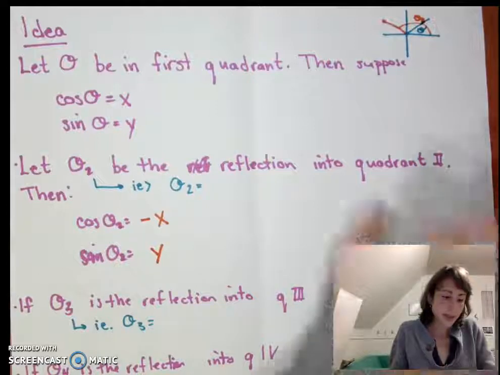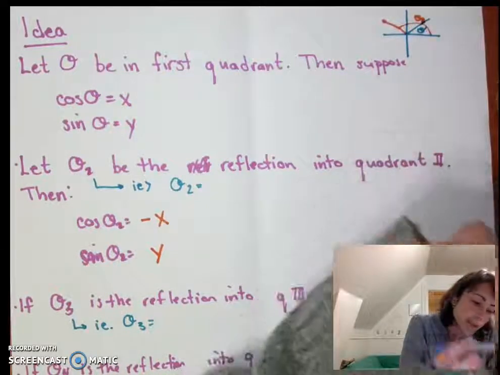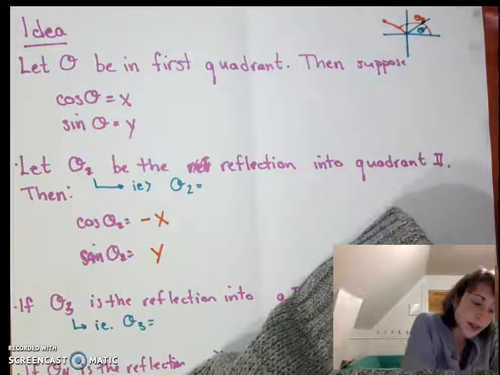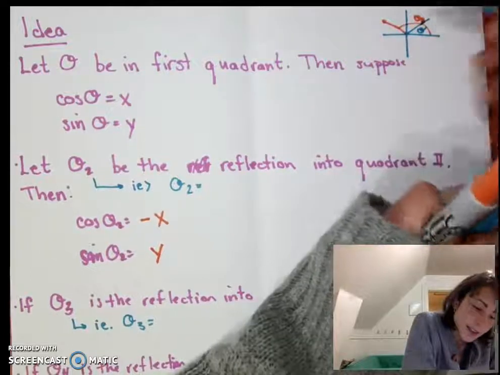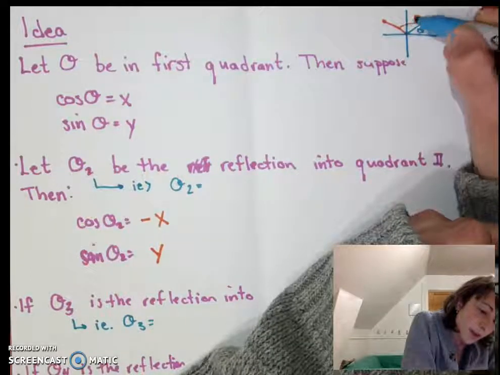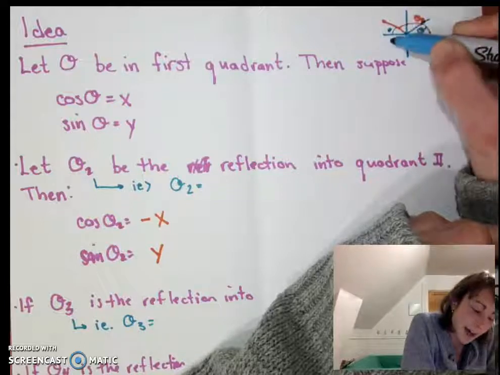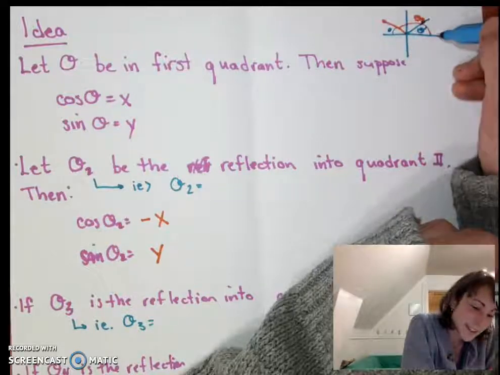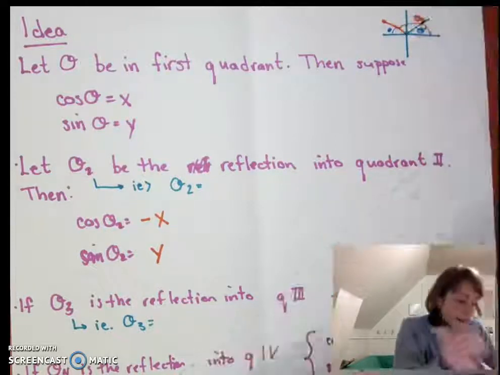And another thing to notice is if I wanted to express this angle theta 2, it's almost pi, but it's short of pi by theta. Because if it went all the way around, that would be pi, but it's theta back from that.